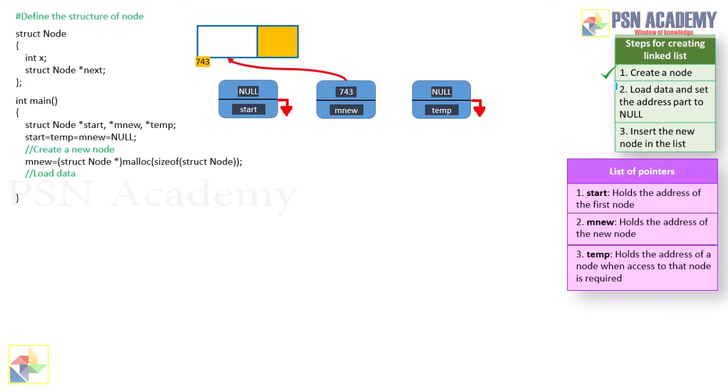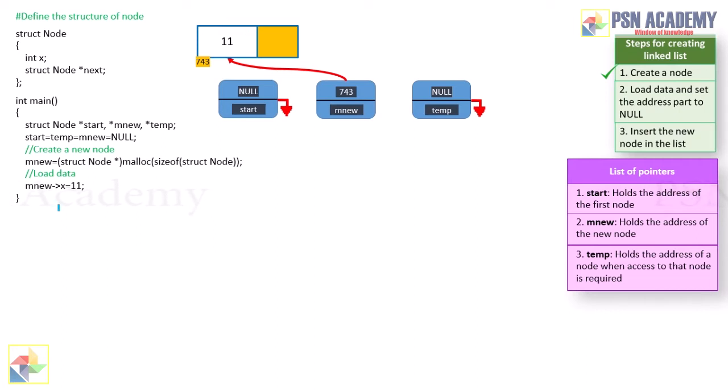The next one is loading the data and setting the address part of the new node to null. So how to load the data is simple. You load x with 11 like this.